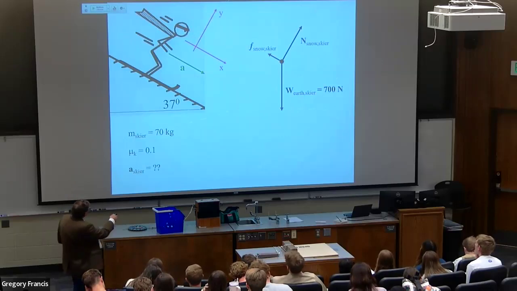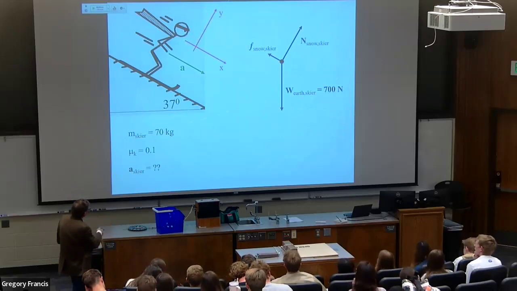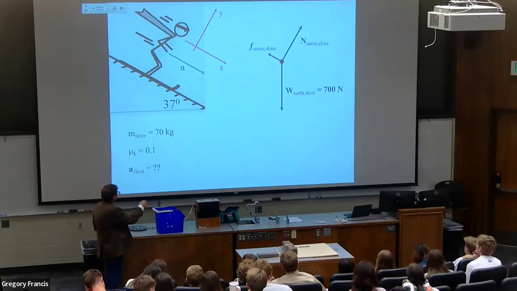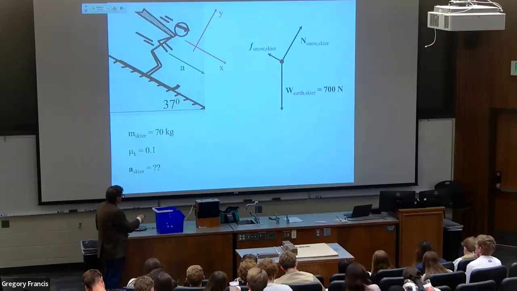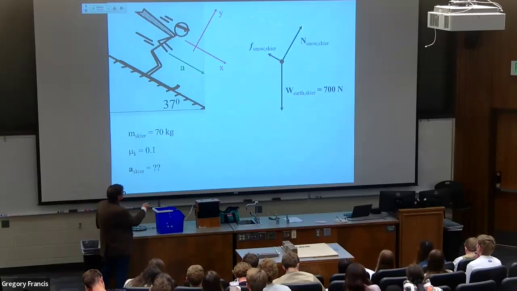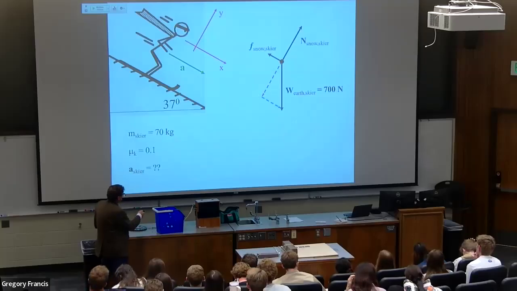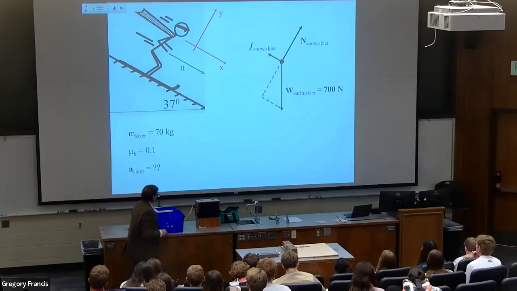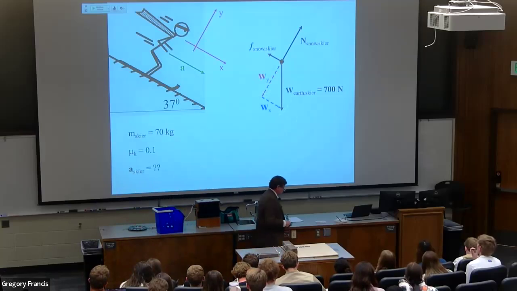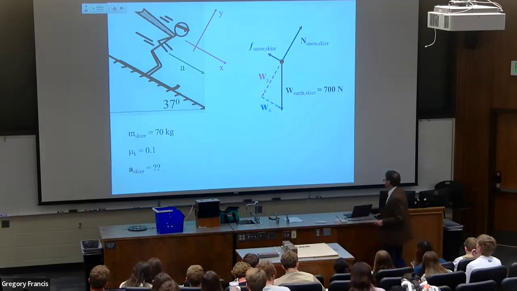Now, if I bring down a coordinate system with the x coordinate lined up with the hill, all of my forces are lined up with either the y-axis or the x-axis, except for that weight. So I break up the weight force by looking in the direction of the normal force. I go the other way until I can make a 90-degree turn. There's the 90 degrees right there, and get to the end of the weight. Now, I break that up into its y part and its x part.